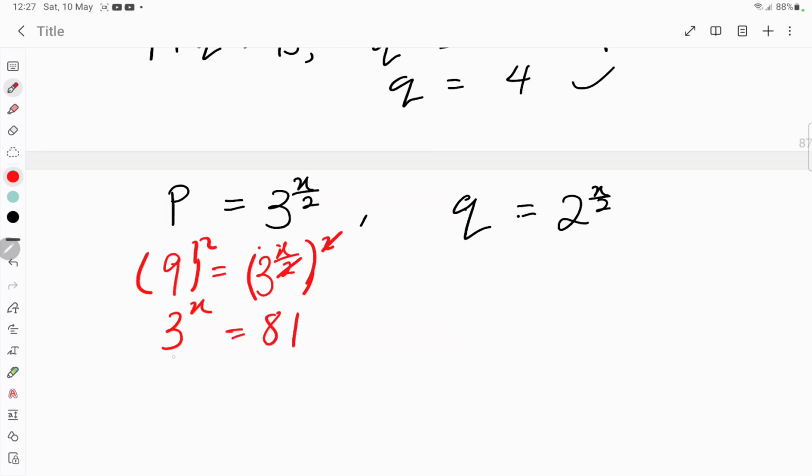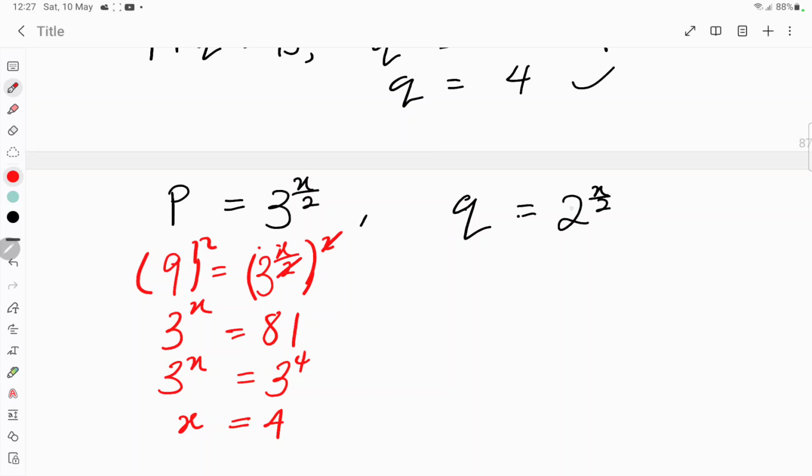We have to express the left and right hand side in a common base so that we can equate the powers. 81 can be seen as 3 to the power of 4, since 3 times 3 times 3 times 3 is 81. So x is equal to 4.